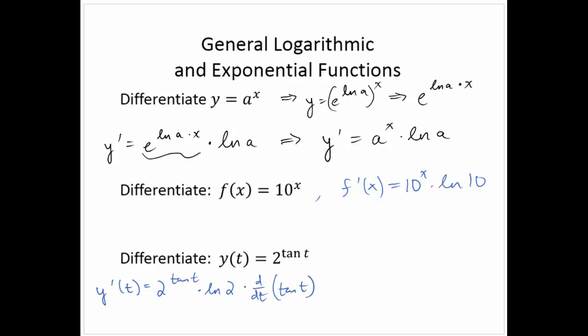That's from the chain rule. And so then y prime of t would be 2 to the tangent t times the natural log of 2 times secant squared t.